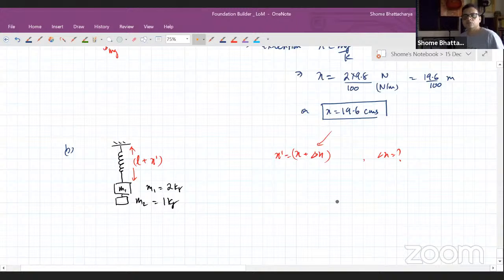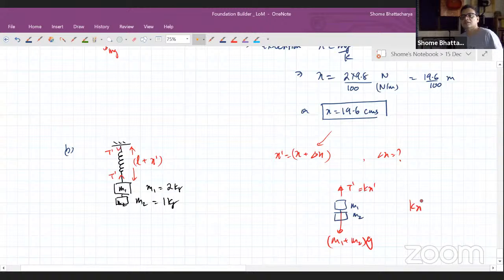So for that, what you can do is you can make a combined free body diagram here of both the weights put together. So the total weight acting is being balanced by the new tension in the spring, which is kx prime. So kx prime is equal to the combined weight.